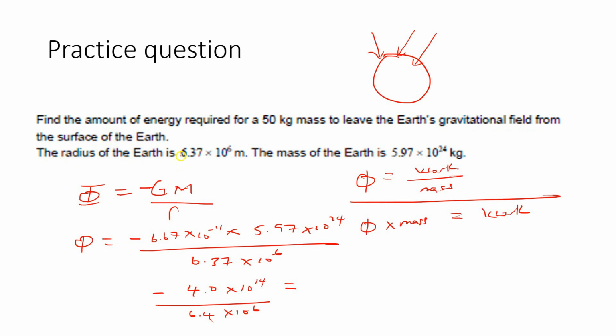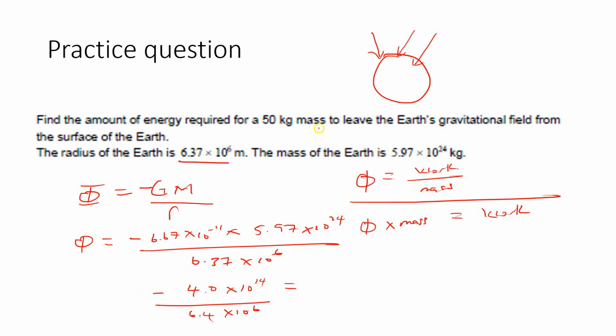Seeing that we know the radius and the mass of the Earth, we can ultimately find the gravitational potential by using the formula we just derived: gravitational potential is equal to minus GM divided by R. But this gravitational potential is equal to the work divided by the mass.